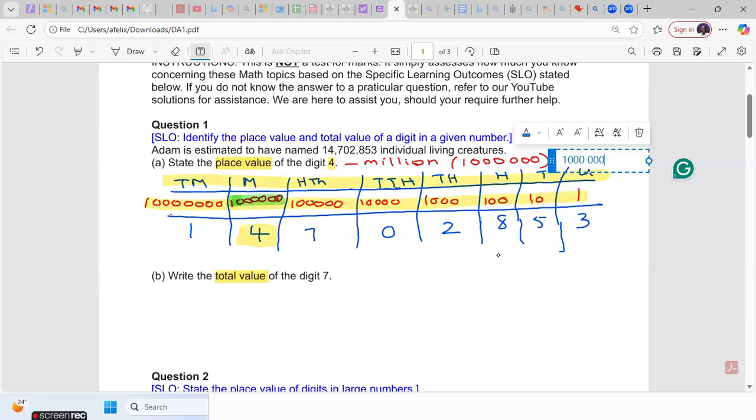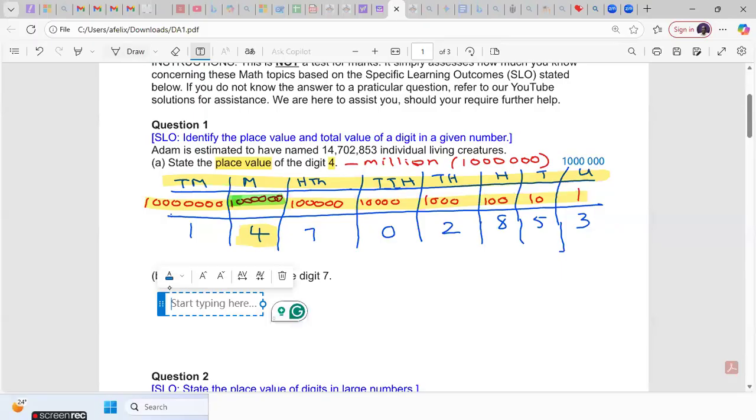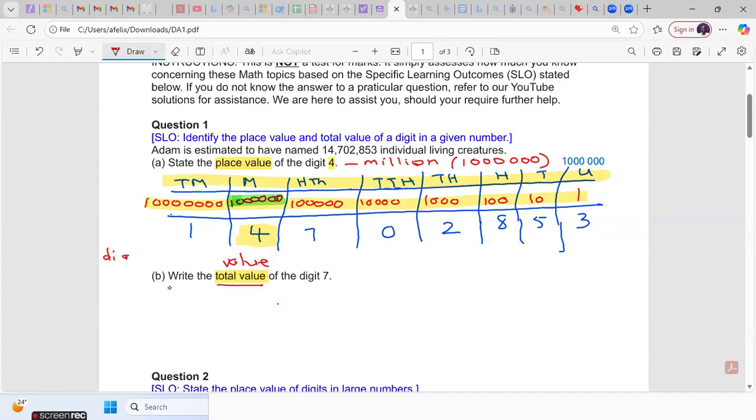The second part is related to the first part, but part B is asking us to identify the total value, or just sometimes you would see the word value, or you may even see digital value.